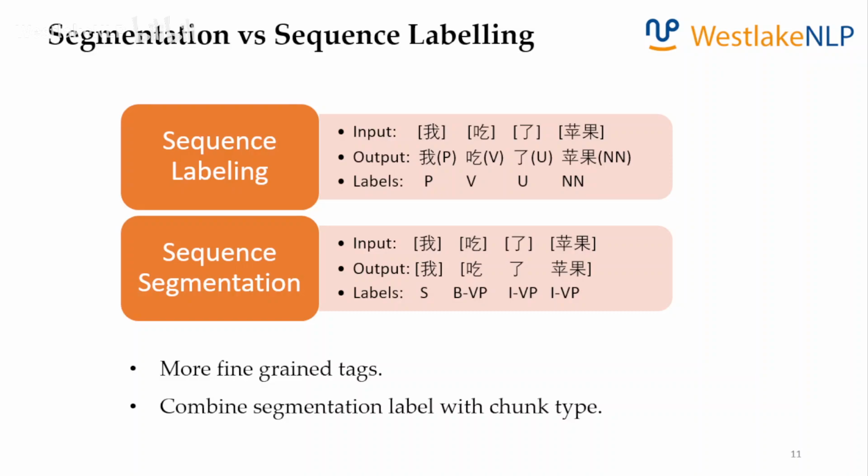Rather than using 2 labels, segment and attach, to differentiate each input word, we differentiate single word chunks as S, the beginning of a multi-word chunk as B, okay? The middle word in a multi-word chunk as I, and the last word in a multi-word chunk also as I.